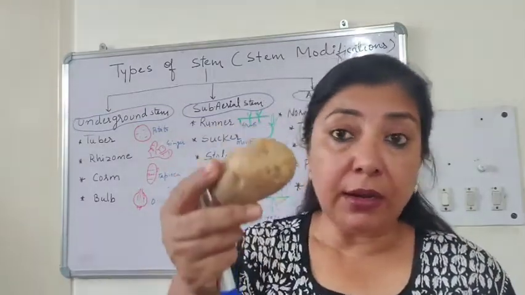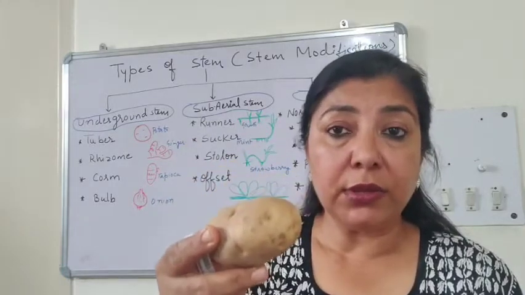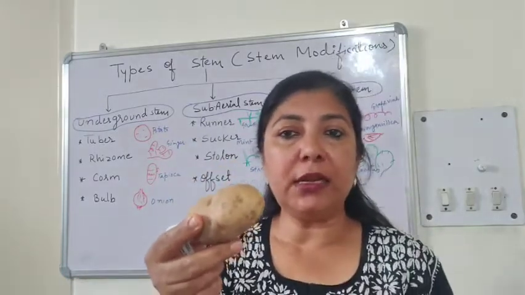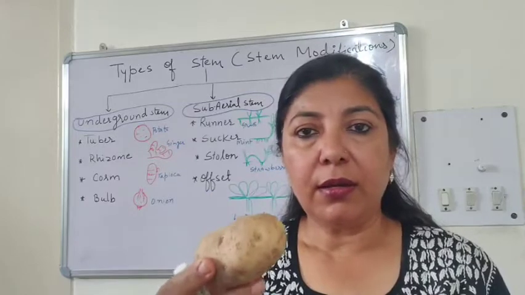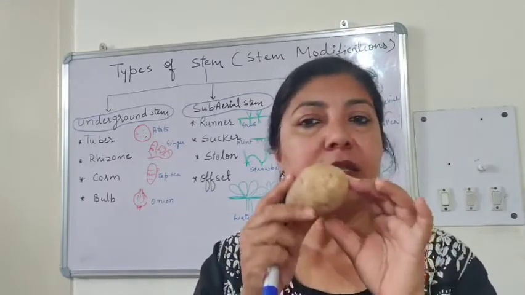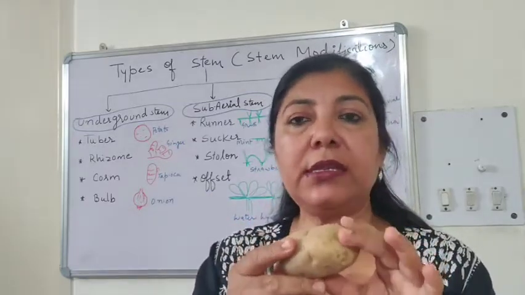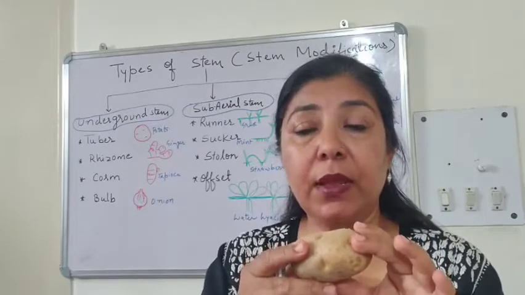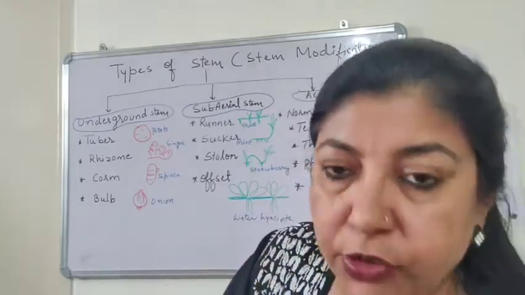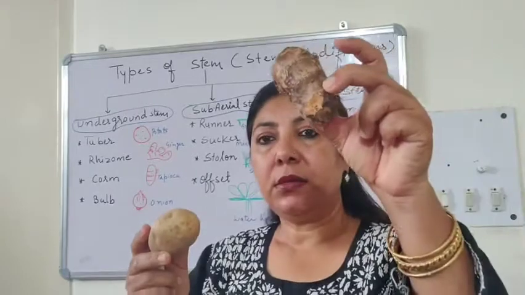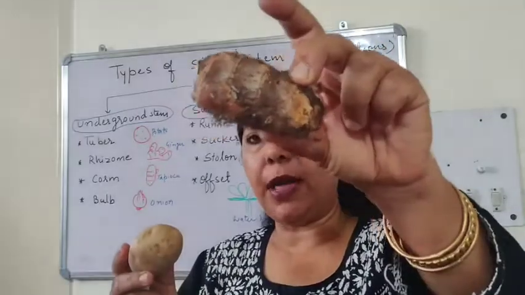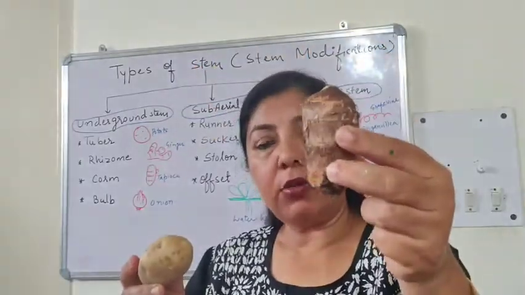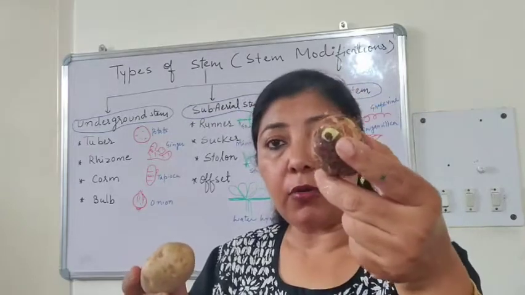Because it is growing under the ground, we consider it as a root. But morphologically, it's not a root. It's a stem. Likewise, if I show you this, it is arvi or tapioca. This is also a stem. It grows under the ground.